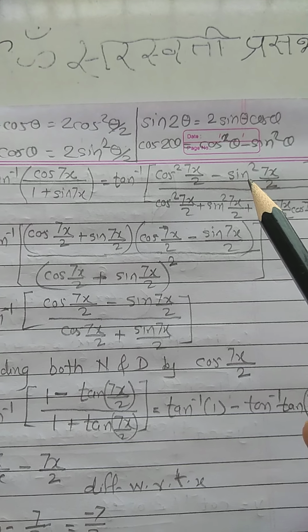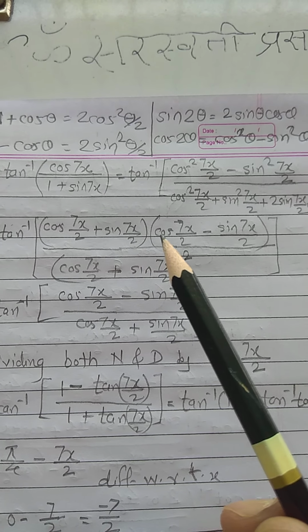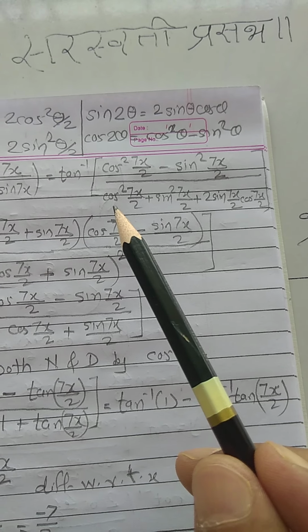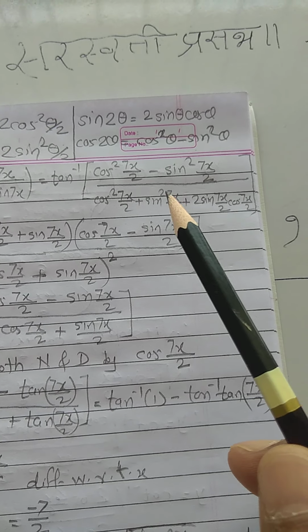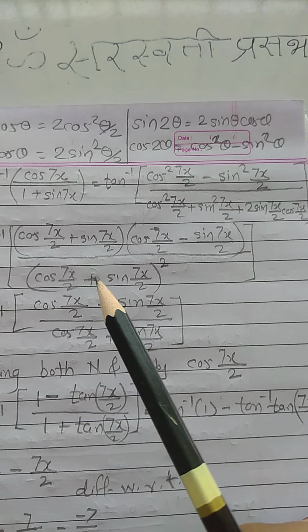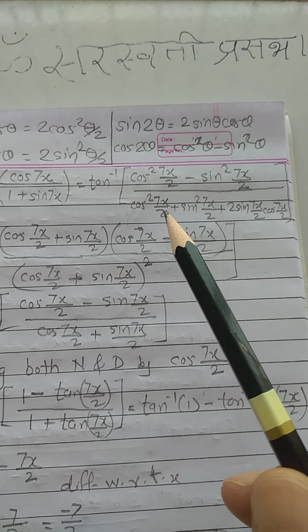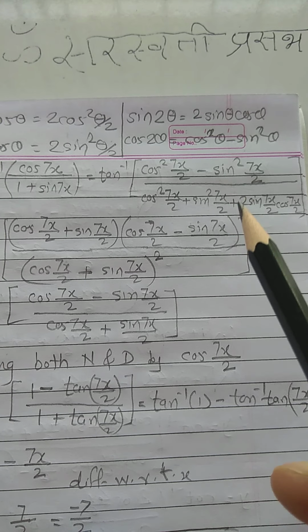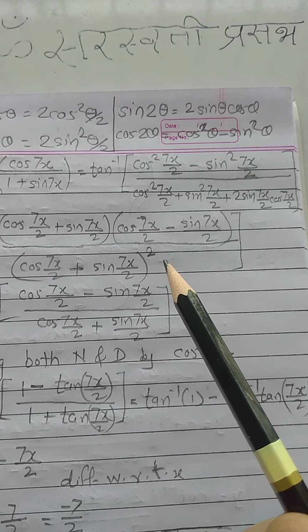So cos square minus sin square will give you cos plus sin into cos minus sin. This is a square plus 2ab plus b square, that means a plus b bracket square. Cos square plus 2 sin cos plus sin square will give you cos plus sin bracket square.